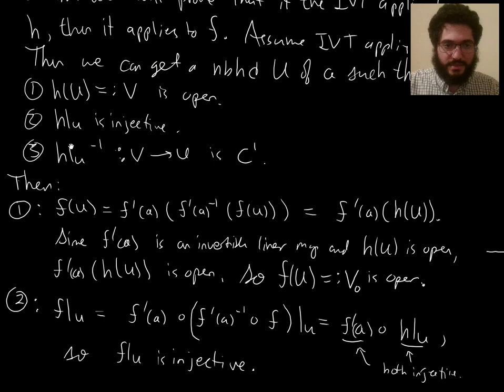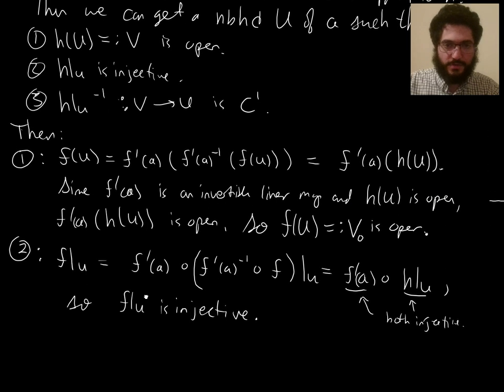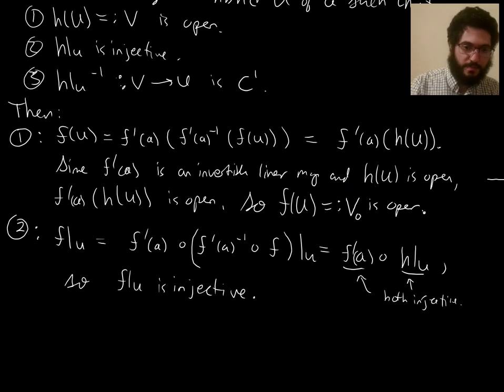And finally, h restricted to u inverse is C1. Can we use that to prove that f restricted to u inverse is C1? So let's look at f restricted to u inverse.